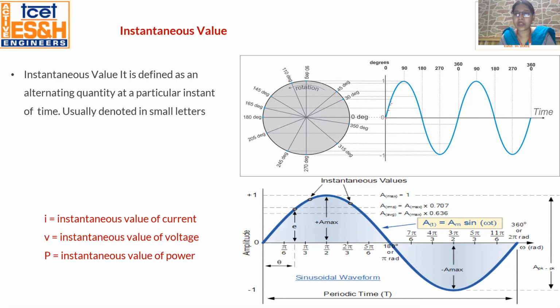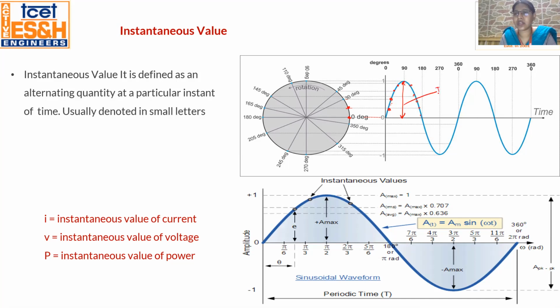See, at 0 degree, this is the value. At some angle here, this is the value. At 30 degree, this is the value. If you randomly take any angle, you find that the instantaneous value is changing, but the amplitude is always constant.